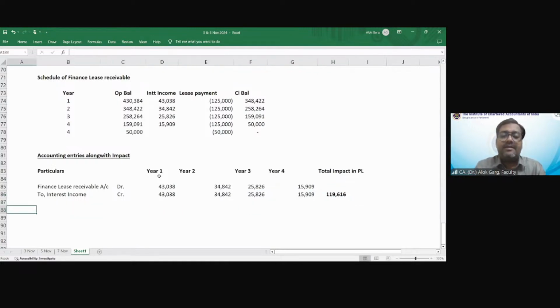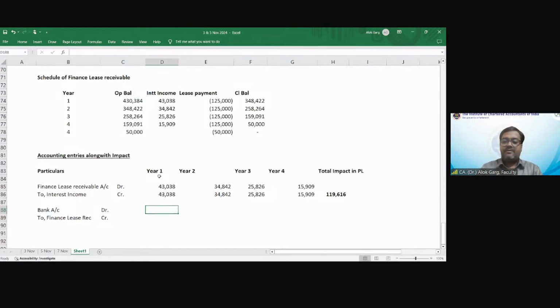What is the next entry? Bank account debit, as now you'll receive the money, to finance lease receivable credit.